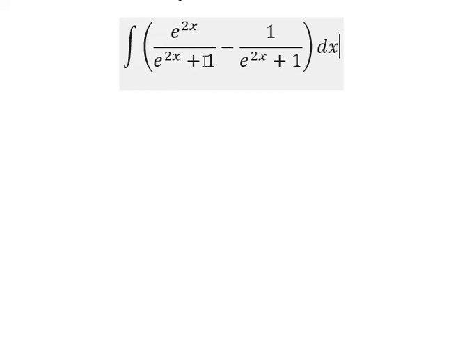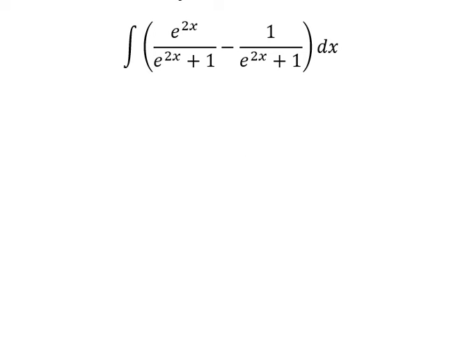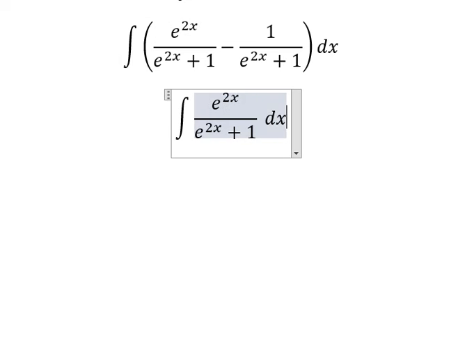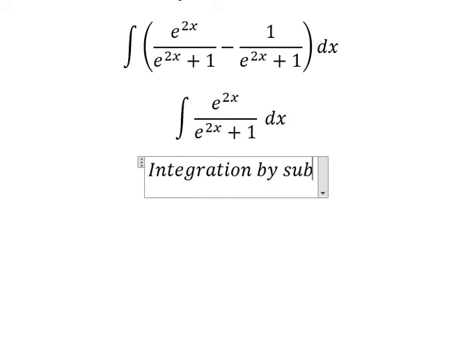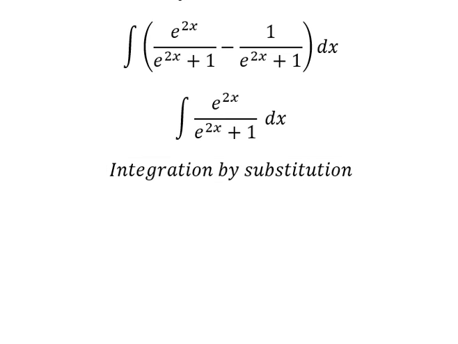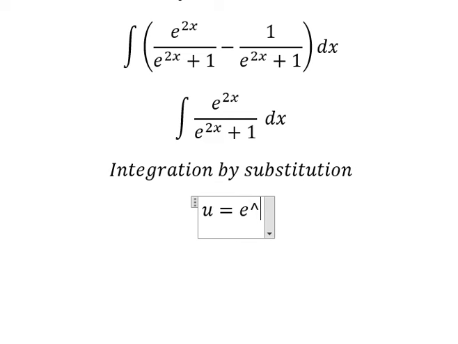So I will concentrate about this one first. So we need to use integration by substitution. So I will put u equal to e to the power of 2x plus 1.